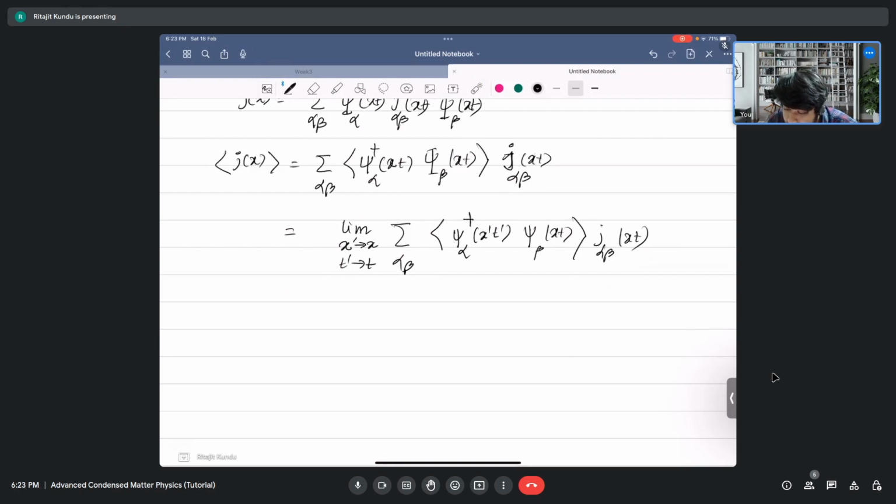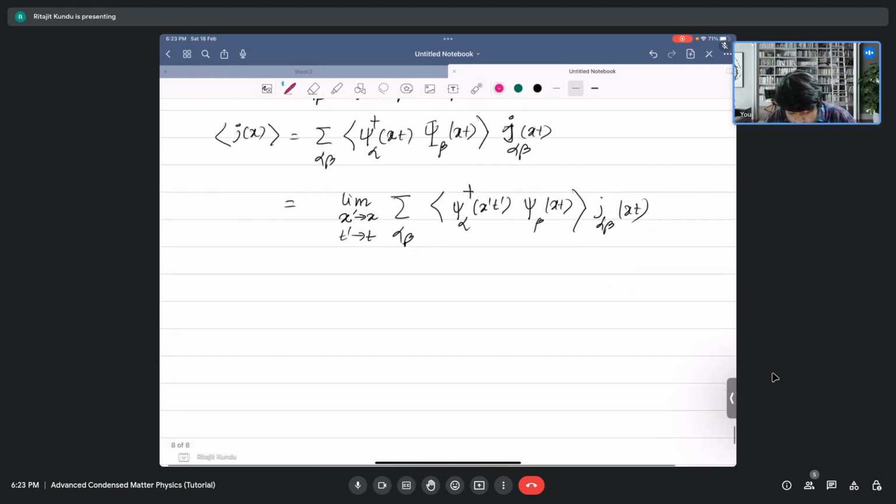So let me remind you what the Green's function looks like. What I want is to relate this thing to a Green's function. The Green's function has a structure something like this: i G alpha beta(x t, x prime t prime) is given by the time ordering of psi alpha(x,t) and psi beta dagger(x prime, t prime), expectation value, right?